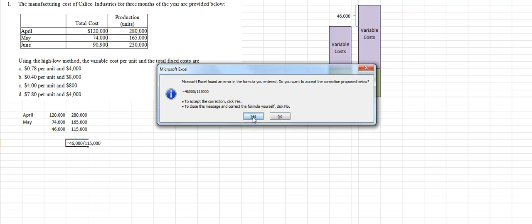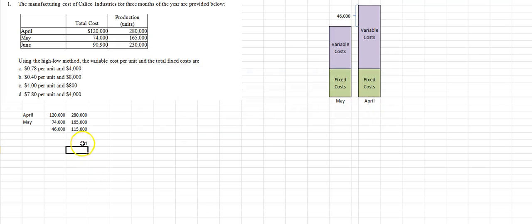And so, as you can see here, the answer is 40 cents per unit, right? That makes sense. If you produce 115,000 units extra and your cost increased by 46,000, then it's going to be 40 cents per unit. So we already know the answer is B, because that's the only one that gives us the 40 cents per unit.